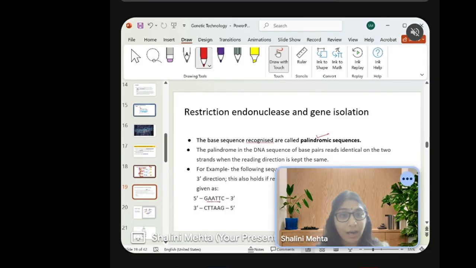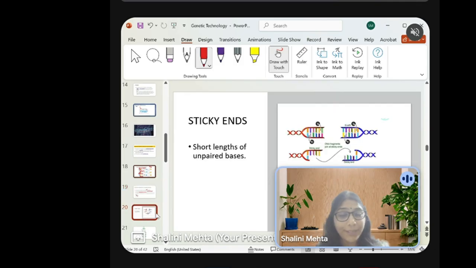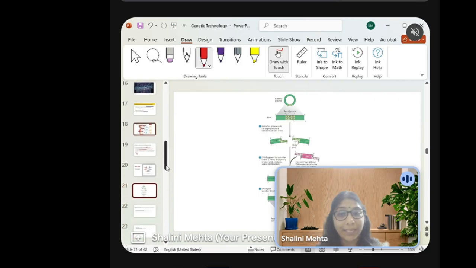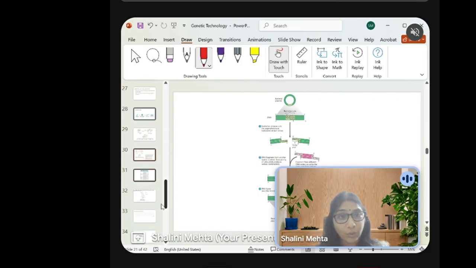These are sequences which are identical from both directions, when the reading direction is kept the same on the two strands. Short lengths of unpaired bases are what we call sticky ends, and that's how the restriction enzyme will make a cut in the DNA molecule.